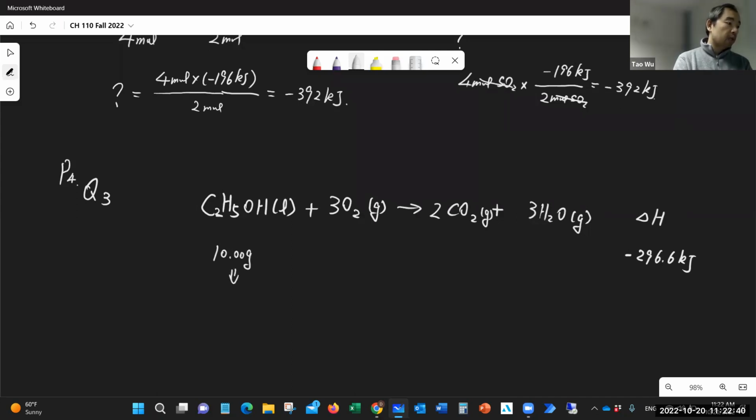So you're going to have 10 grams of the ethanol divided by the molar mass of ethanol to figure out the moles, which is divided by 46 grams per mole of ethanol.